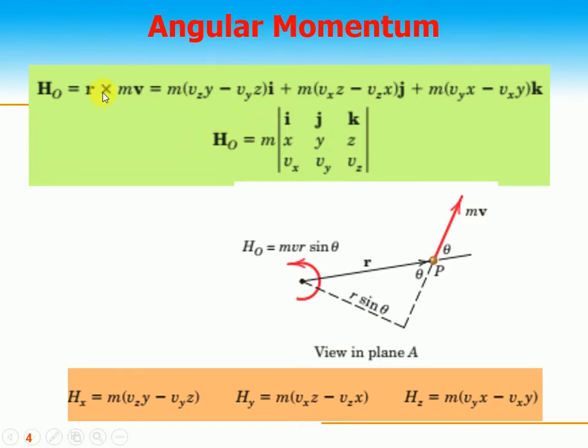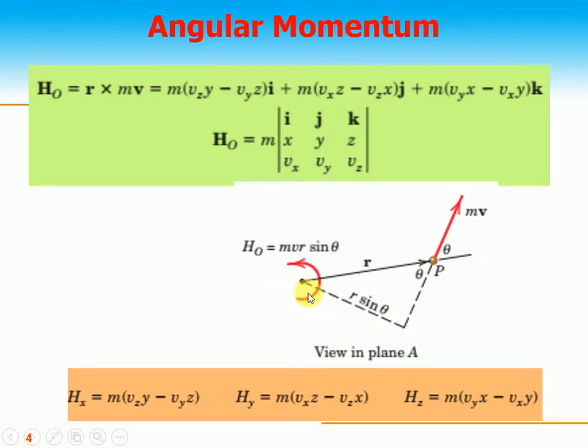Here r has components x, y, z along i, j, k, and vx, vy, vz are the components of the velocity in the linear momentum, and mass is constant. When you open up this determinant, you get this. You know how to open up the determinant. Let's take i, that is y into vz minus z into vy, and so on.